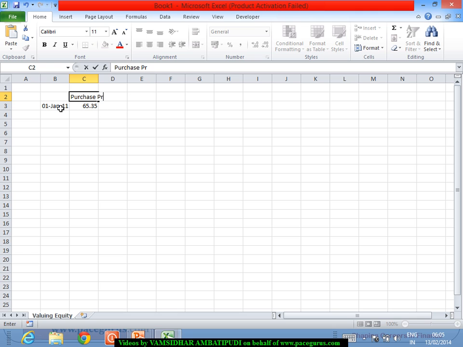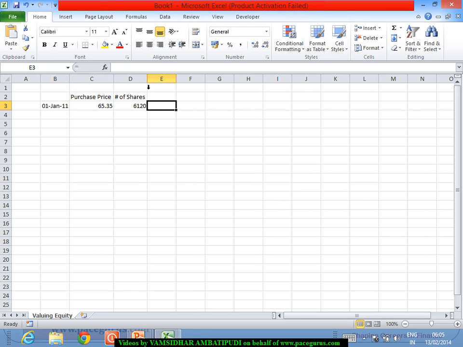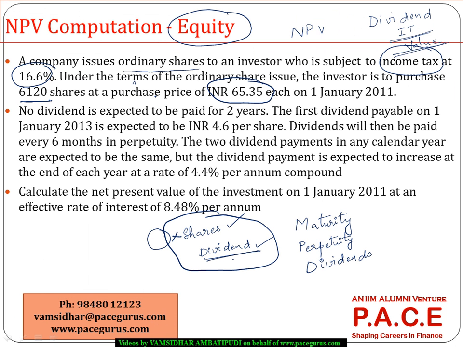So the purchase price of the share is 65.35 and the number of shares is 6,120. The overall cost of purchase is around 400,000, precisely 399,942, the investment done on 1st Jan 2011.